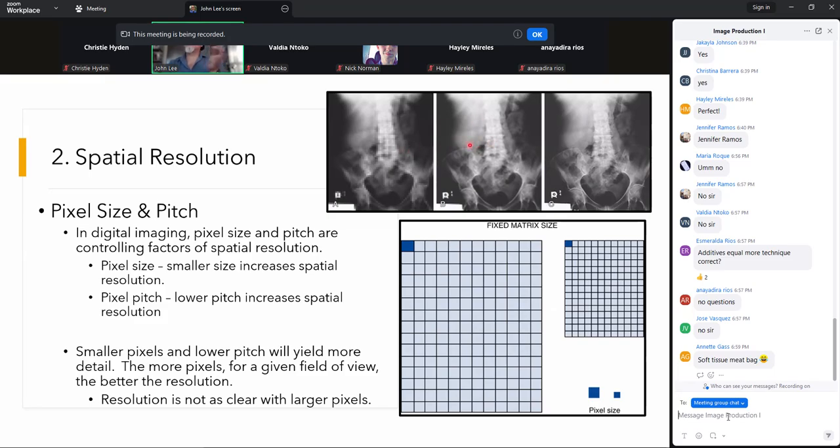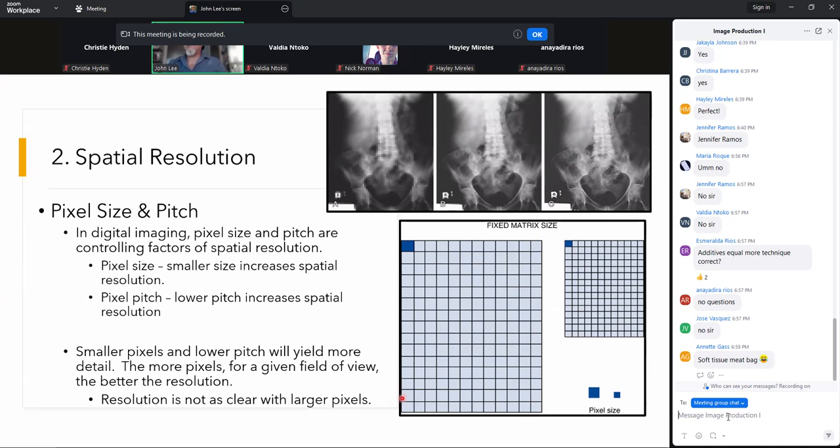We've got more rows and columns of pixels as we go from left to right for A, B, and C. The drawing here is showing that by taking the same rows and columns and reducing the pixel size, we're going to end up with a smaller field. So in order to make this field the same size as this field, we'll need to add more rows and columns. So our spatial resolution increases with pixel size decreasing.